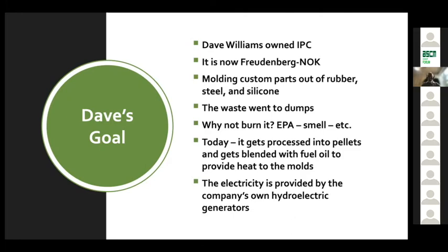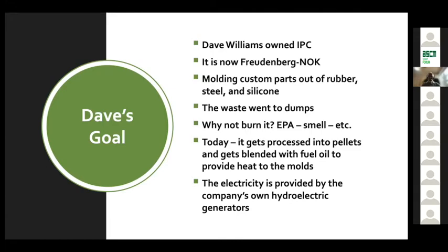The company is still there. It's called Freudenberg NOK. The people from Freudenberg got into an agreement with Dave, and they bought 50% of the company, not 51, 50%. They split it, and they refinanced IPC so that IPC could expand, and it grew from 3 factories to 10 factories.